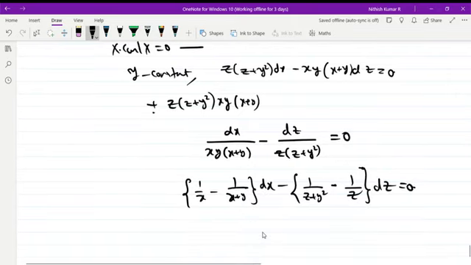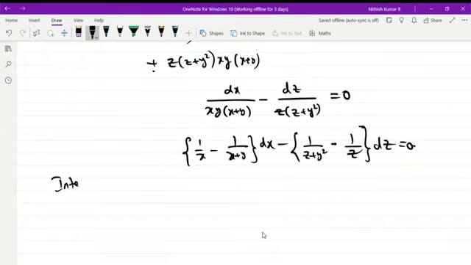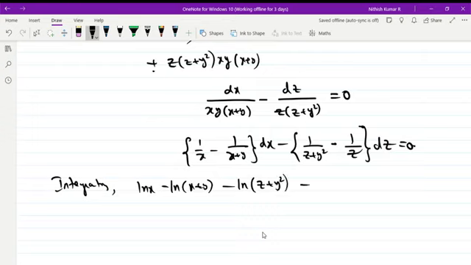So on integrating, we get 1 by x dx, so it is ln x, minus 1 by x plus y dx, so it is ln of x plus y, because the derivative of x plus y is nothing but 1. Again, minus 1 by z plus y square dz gives ln of z plus y square, and minus ln z becomes plus ln z, equal to say ln c.